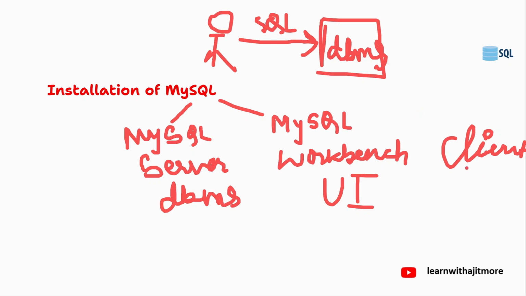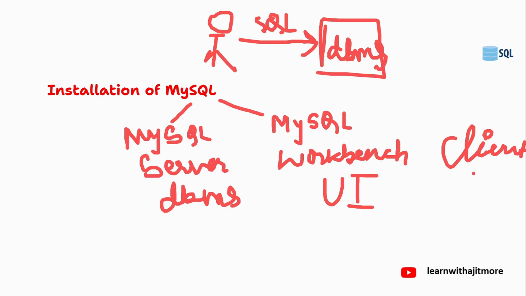So every database management system will give both. They will provide a client UI and the server also. So server is the main DBMS. It is responsible to take the queries, check the syntax of the query, compile the query, do changes in the tables, produce the result. Getting?